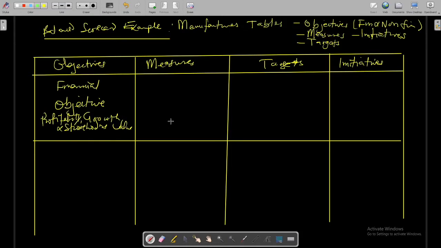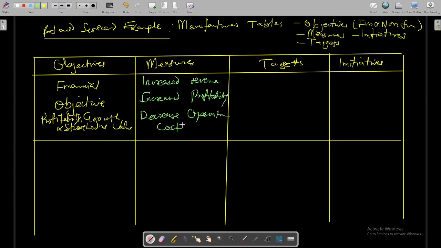So we can set measures such as increased revenue, then increased profitability, and the last one is decrease operations costs. Now we move to the targets.